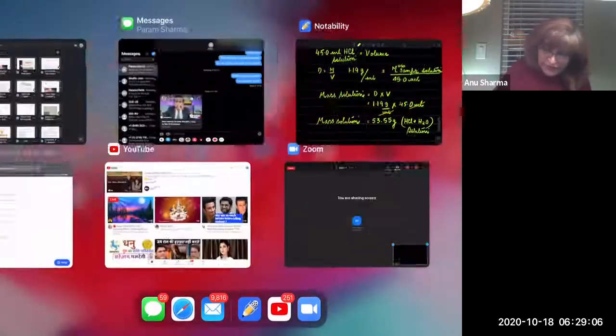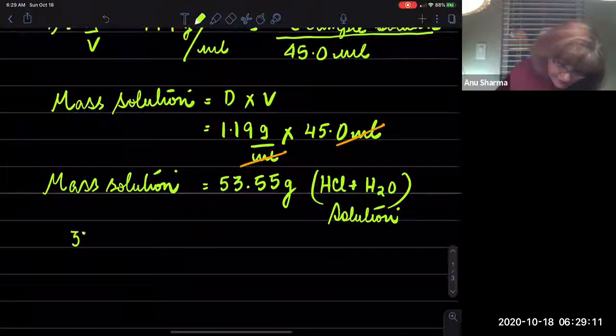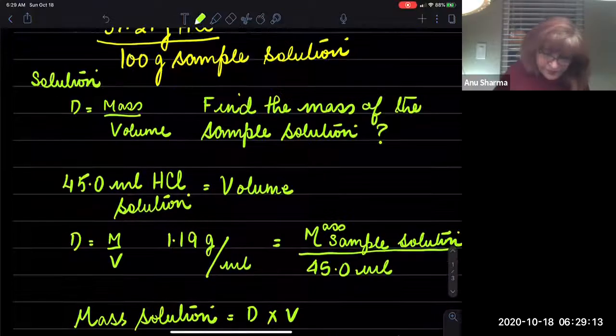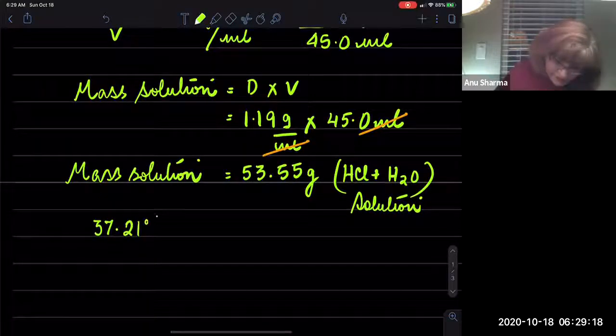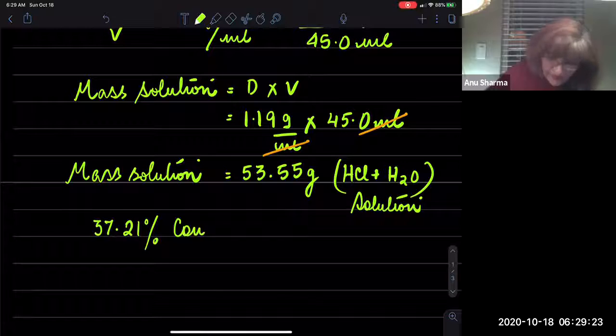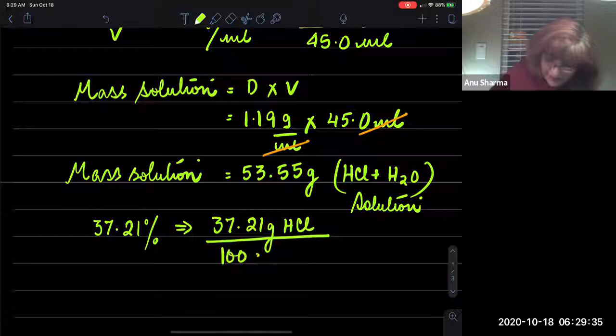So 37.21% contains 37.21 grams of HCl in 100 grams of the sample solution.